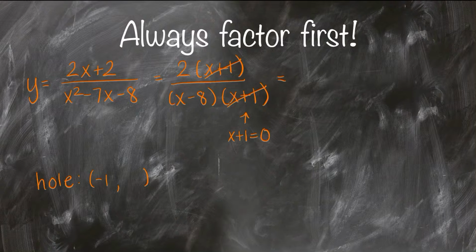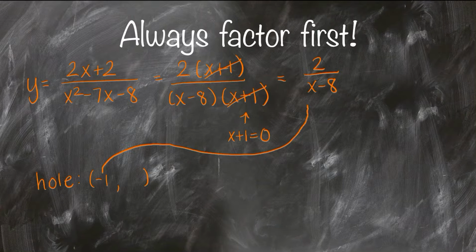Now that we've canceled x plus 1, we're left with the function 2 over x minus 8. Well, let's go ahead and plug in that -1 for x. We would get 2 over -1 minus 8, which is going to give me the y value of that hole, -2/9.